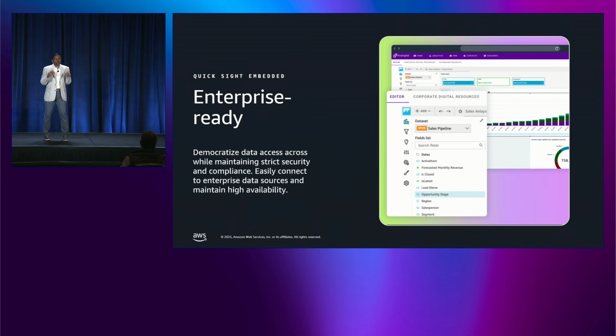With the right kind of governance mechanisms in place, with security features like RLS and column level security, row level security, with identity propagation from AWS data lakes, and with fine-grained access control on all of your assets, you can be assured that the user only gets to see the data that they are supposed to see.